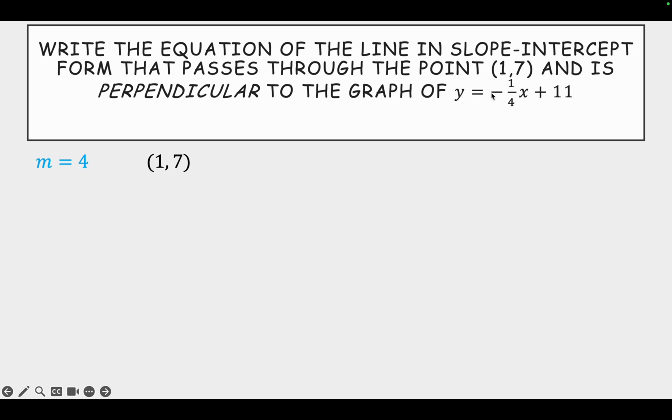We have to change the sign to a positive, flip the fraction, so it would be m equals 4. The point that it needs to pass through is (1, 7). So we can use our point-slope form. Plug in our slope of 4, our x value is 1, our y value is 7.